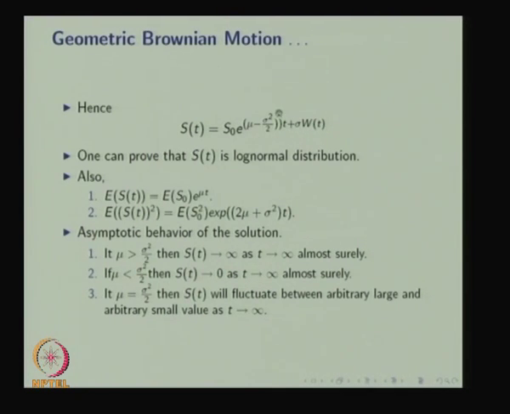Therefore the s of t will be log normal distribution, and also you can find out mean and variance. So the mean will be expectation of s naught e power mu t. Similarly you can find out the expectation of s of t whole square. Using these two, you can find out the variance of s of t also.